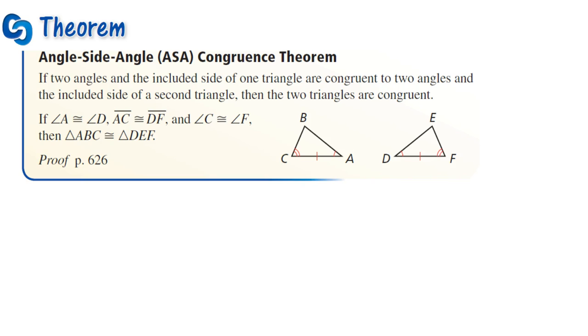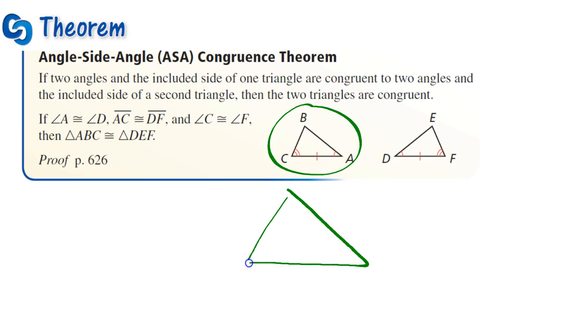And so you'll notice here, if you look at this triangle, BAC, that we have angle C is congruent to angle F, and angle A is congruent to angle D. And the side that's marked congruent is the side that connects those two angles. That's where the included side needs to be.